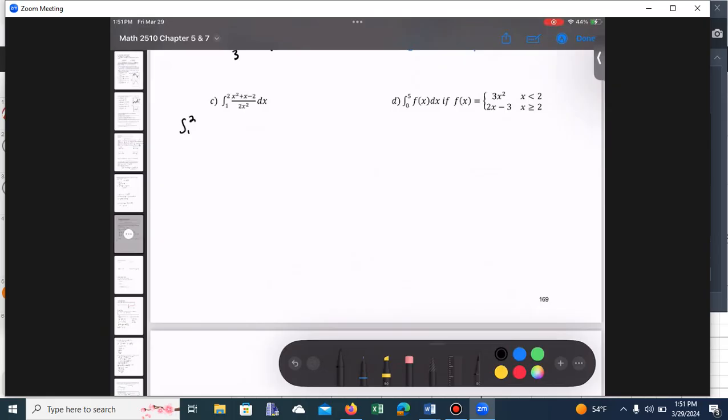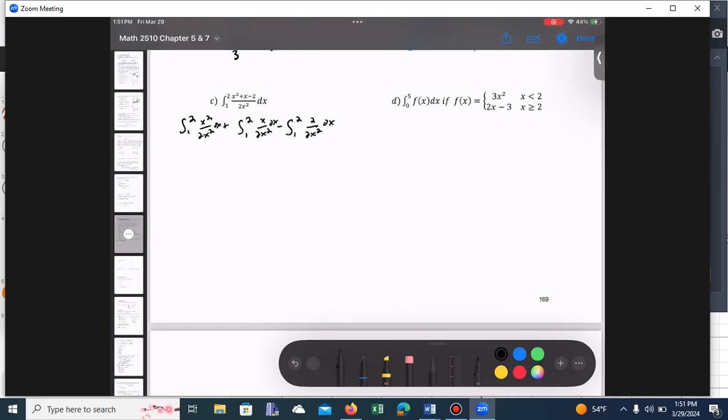So we'll do the integral of x squared over 2x squared, plus integral from 1 to 2 of x over 2x squared, minus, because there was a minus sign there, integral from 1 to 2 of 2 over 2x squared. And each of these should have a dx.